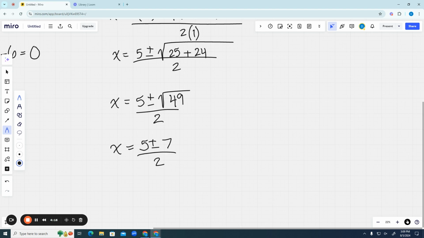So our answer will just be, you can write it different ways. This plus and minus sign means plus or minus, so we're going to have two answers. We need to write it with the plus sign and the minus sign. So we're going to have x equals 5 plus 7 over 2, and x equals 5 minus 7 over 2, and you can compute that and make it a little simpler.